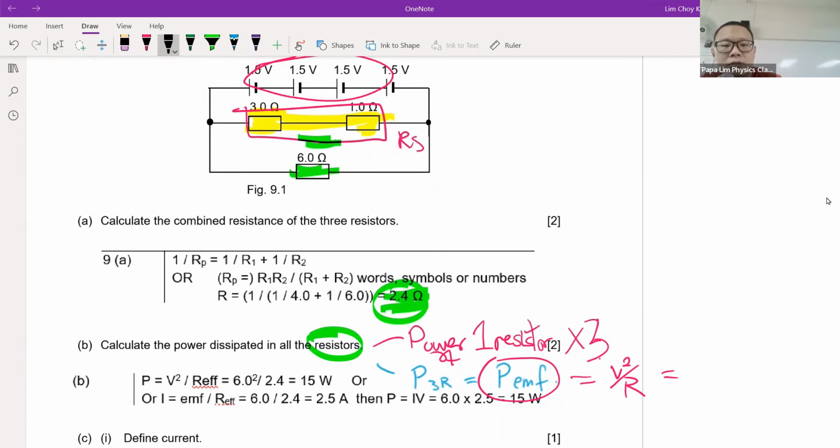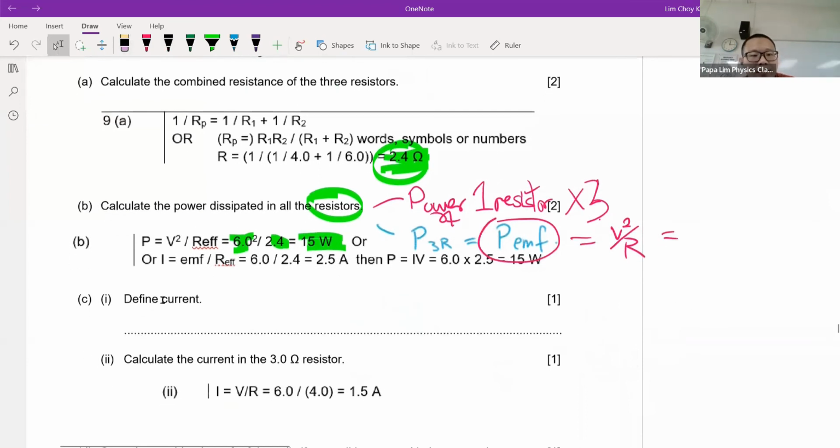The V, the EMF, is given as 6 volts, and the total resistance is 2.4 ohms. After that, I will know the energy or power used by all the 3 resistors, and the answer will be 15 watts.